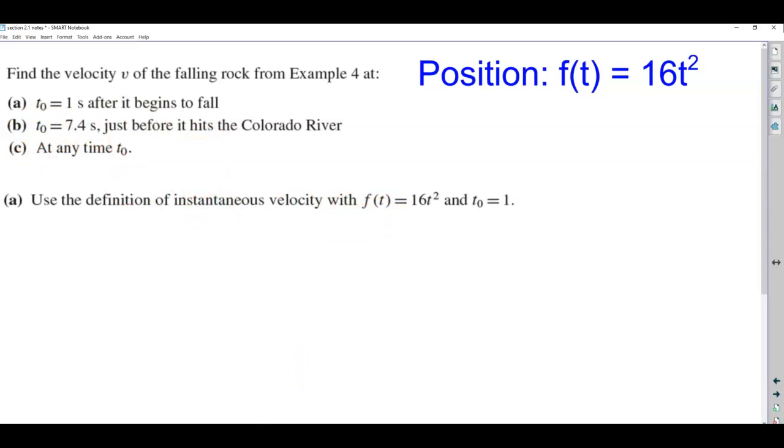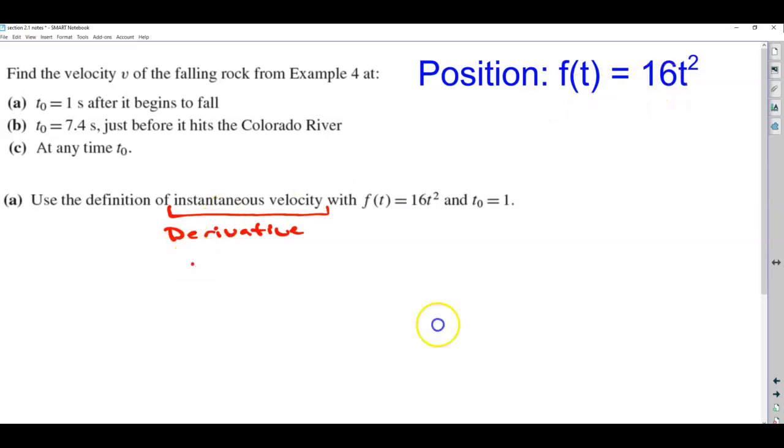So, use the definition of instantaneous velocity. Isn't that the same thing as derivative? So, instantaneous velocity is the derivative, which, look at, our position function was 16t squared from the last slide.